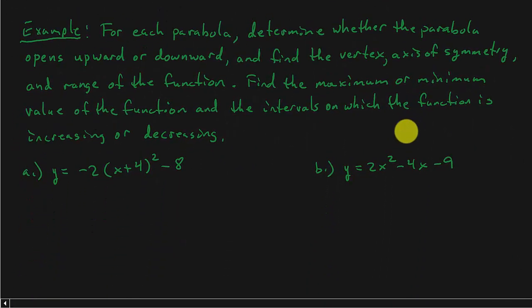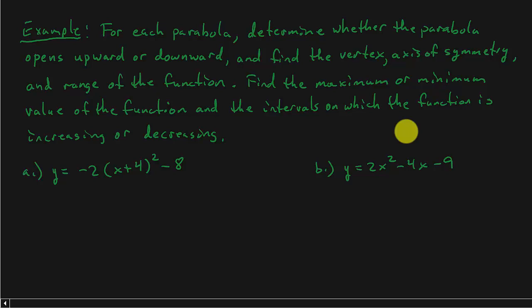All right. Now, let's look at this. It says for each parabola, determine whether the parabola opens upward or downward and find the vertex, the axis of symmetry, and range of the function. Find the maximum or minimum value of the function and the intervals on which the function is increasing or decreasing. All right, so that's a lot there that we have to find.